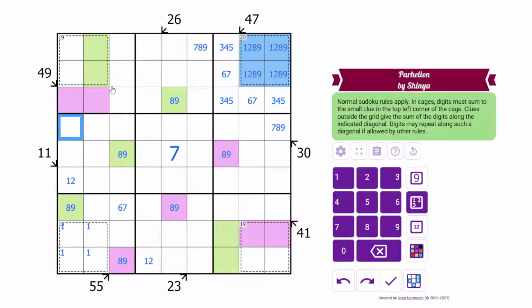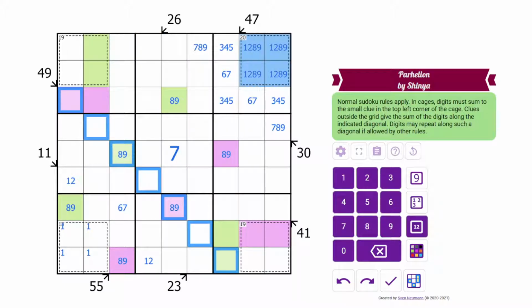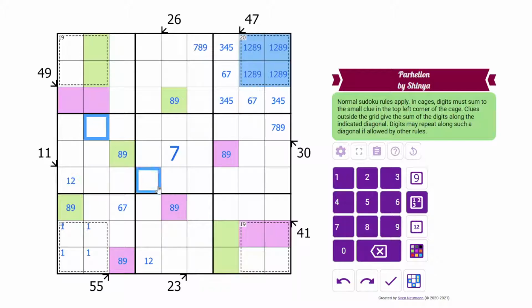Three digits adding to 18 is nothing special. Let's suppose that all those are there. 49 minus 17 minus 17 means that these values have to add to 15. Which again, average of 5 tells us nothing.